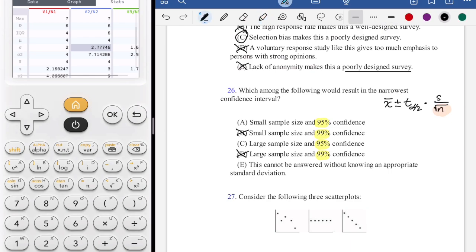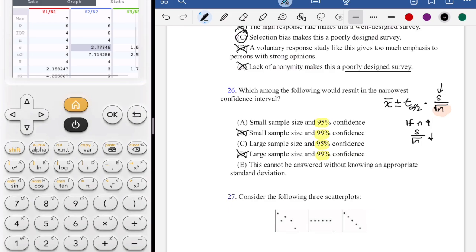If N increases, then S over the square root of N would decrease, right? So you can think about it in terms of limits, or just simple computation. If you divide by a larger number, you're going to get a smaller result, all right?